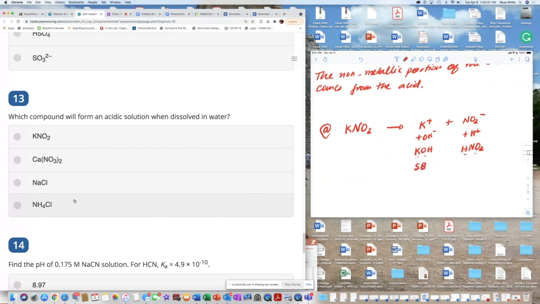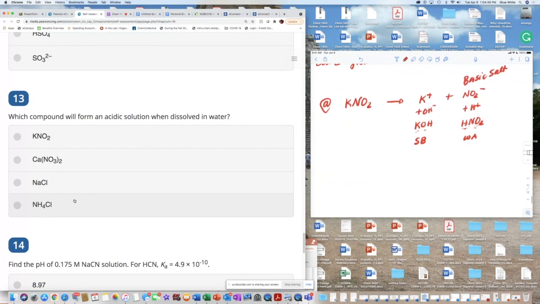What kind of acid is this? This is not one of the six. One of the six strong acids is HNO3, weak acid. So this is not our answer because this will give a basic salt. Okay, that's A. So we just said A did not qualify. Why did we disqualify it? It will give us a basic salt and basic solution. They said they want acidic.